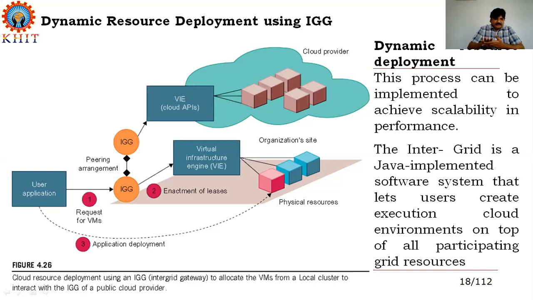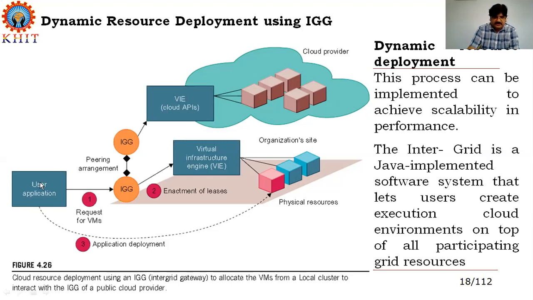Here, the cloud deployment on the end user side will interact with the integrated gateway. The end user has a developed application and wants to host it either in the cloud or on physical resources, that means a local desk or an organization site.